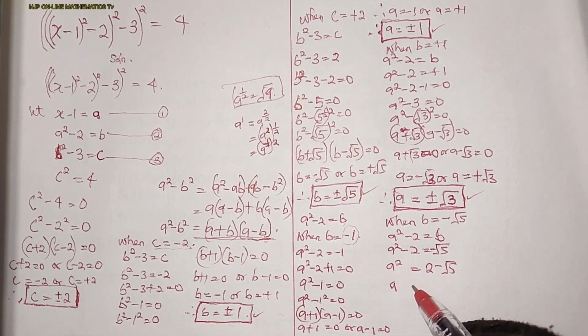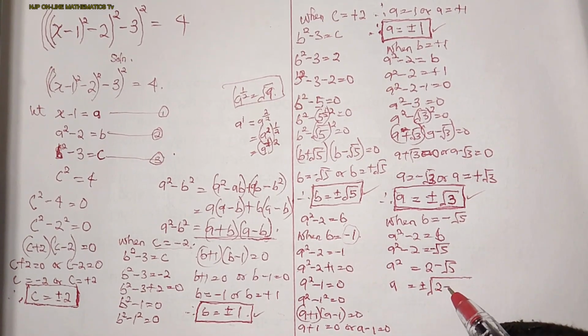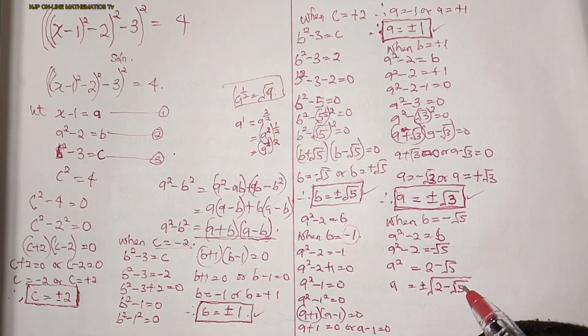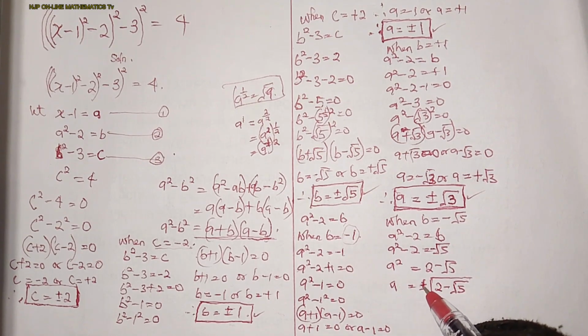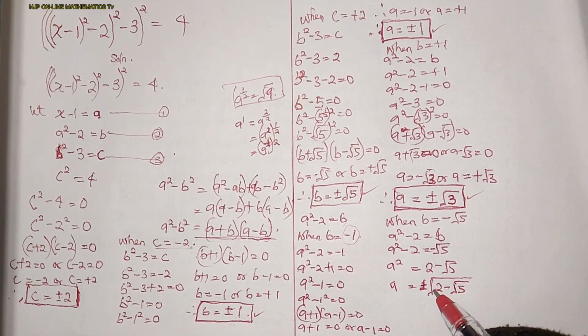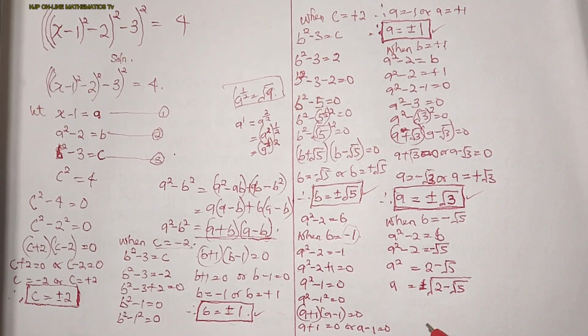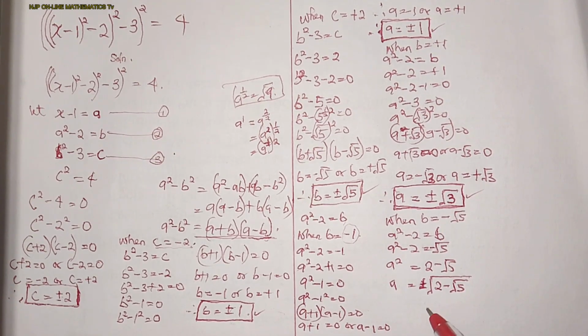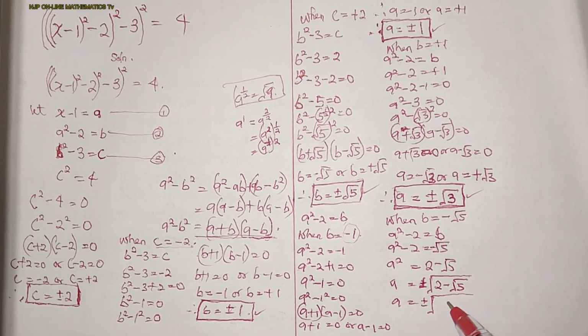And then a equals positive or negative root of 2 minus root 5. And so we have to find the value of root 5 here. And the value of root 5, we can say a equals positive or negative the root of 2 minus 2.236.